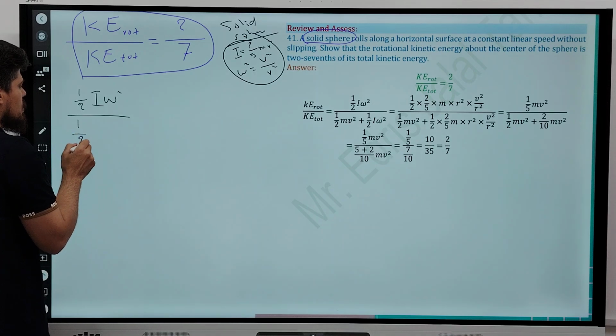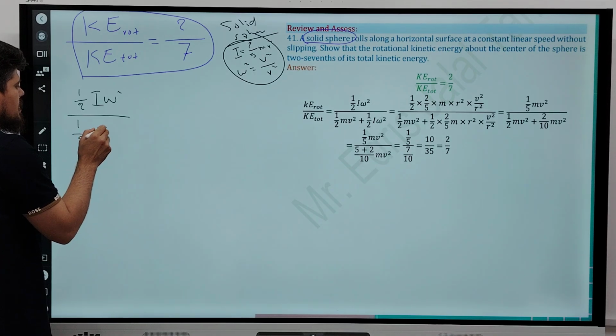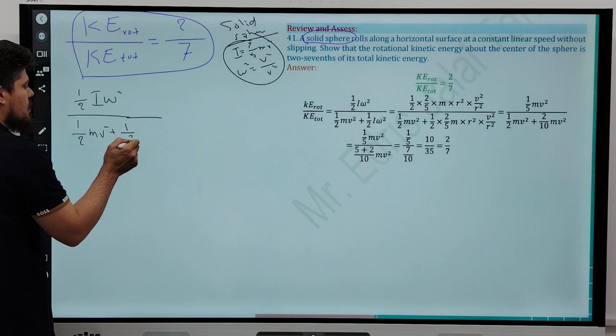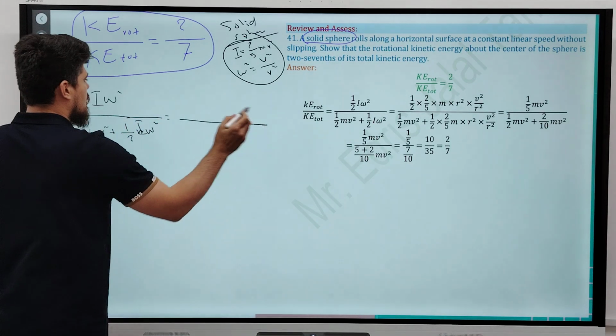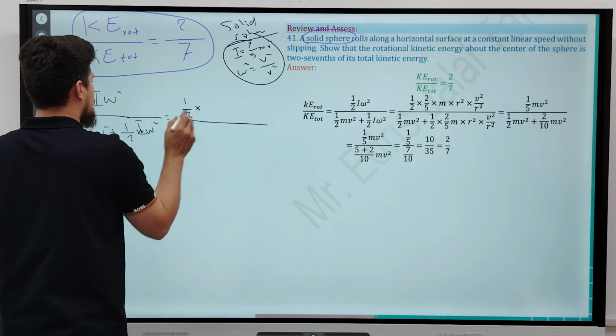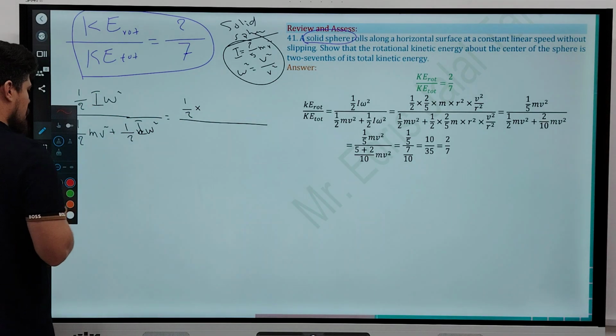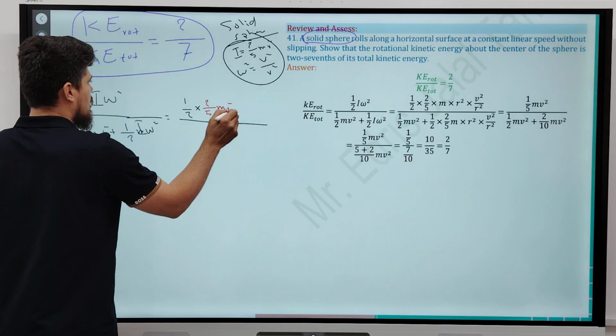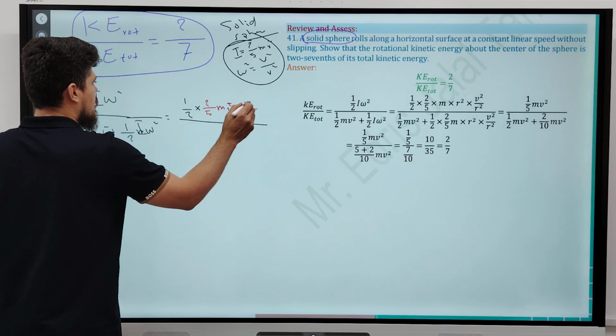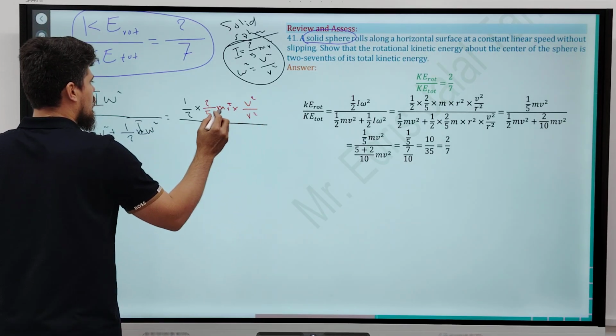But total is equal to 1/2 mv squared plus 1/2 I omega squared. 1/2 times, instead of I, write down what? 2/5 mR squared times V squared over R squared.